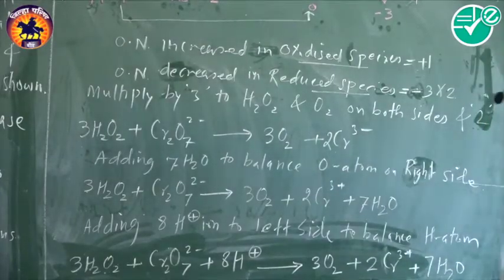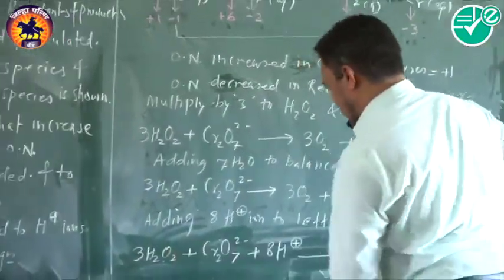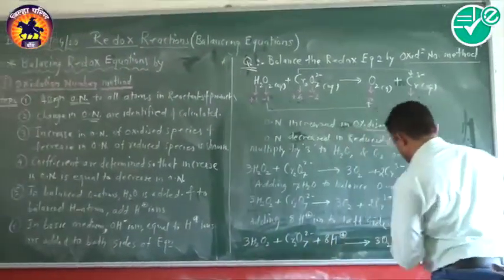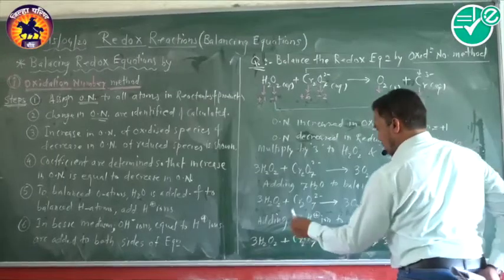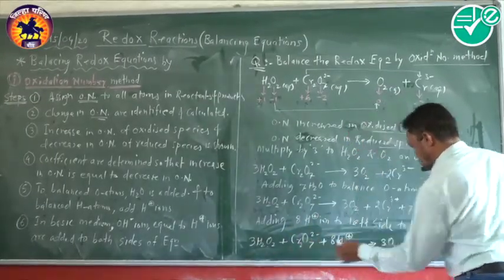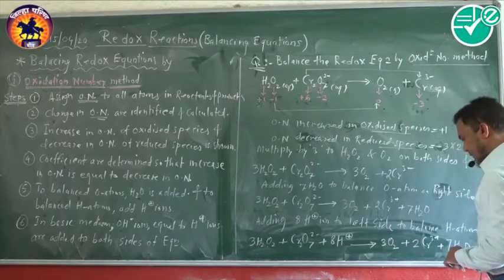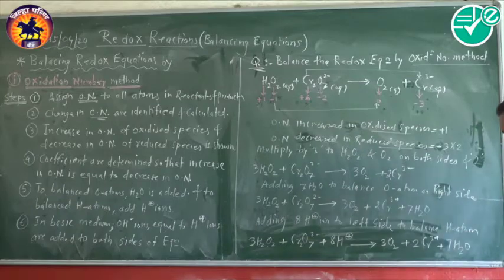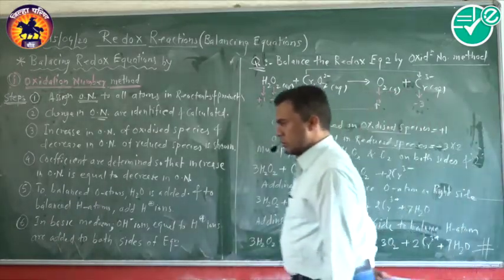We'll check whether all the atoms are balanced or not. Look, we already balanced the hydrogen, we already balanced the oxygen. Now chromium, here 2 chromium ion. Similarly, all other atoms are balanced, hence it is a balanced redox equation.